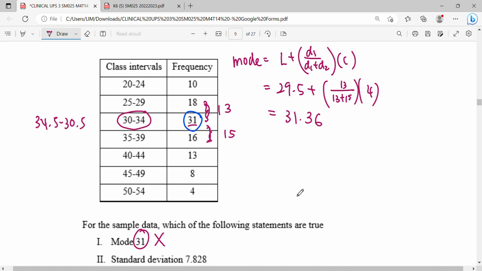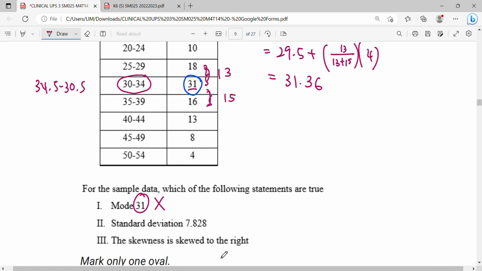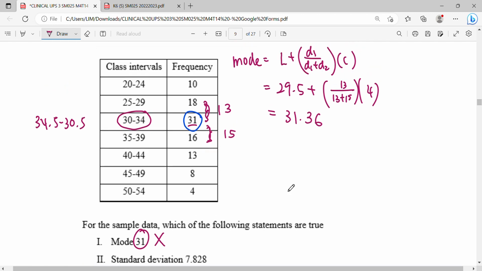Not true. Standard deviation. Oh, the class width is 5. Oh, yes, this is 29.5. So is it still 31.36? Okay, this is also wrong.